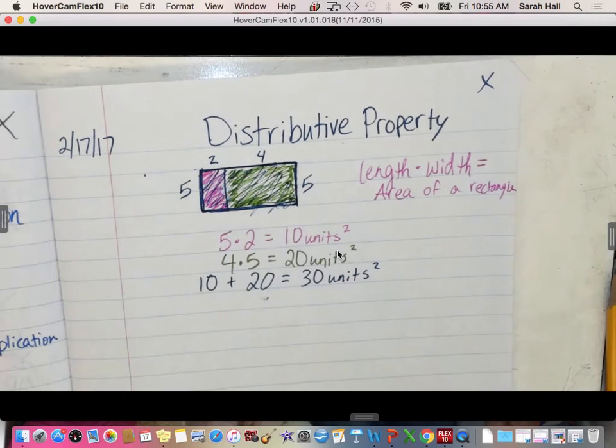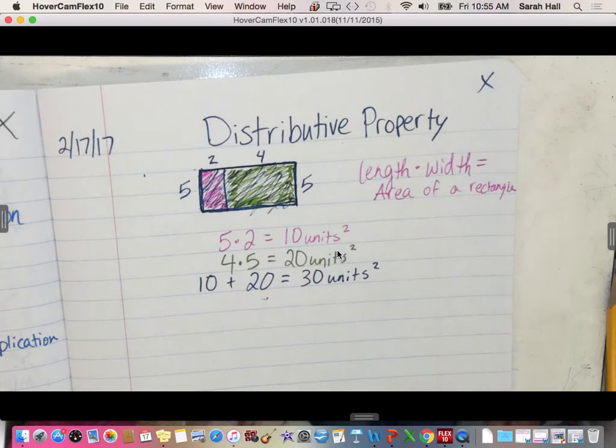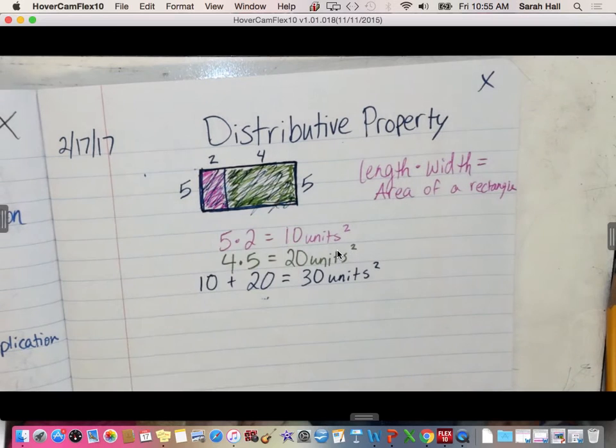What's another option that I have? Do I have to find the area both times? Could you tell me what the length of this entire rectangle is? Jose? 6. How did you get 6 as your length for the whole thing?